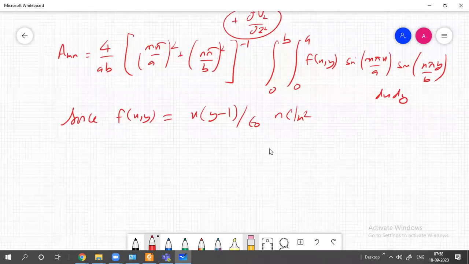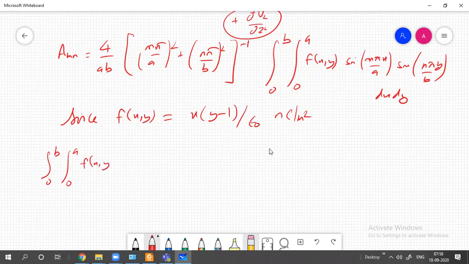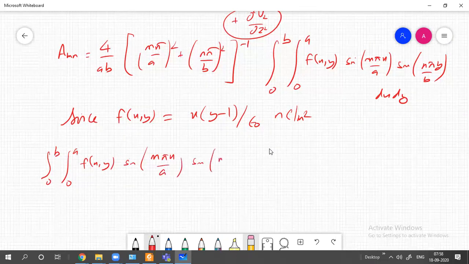So we will have the integral from 0 to B, 0 to A, of f(x, y) sine of m pi x by A, then sine of n pi y by B dx dy.